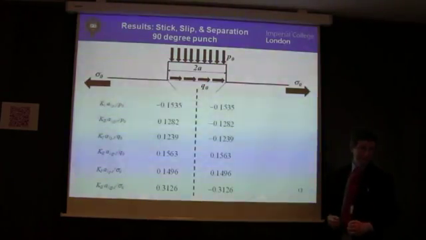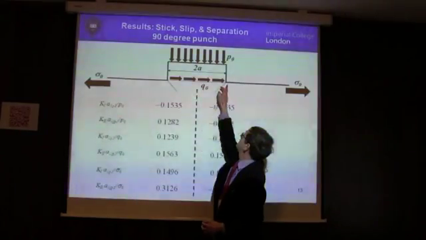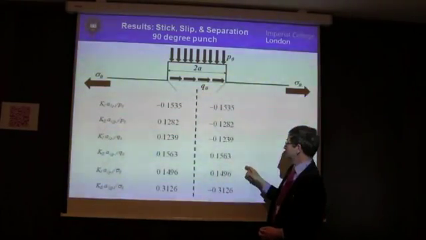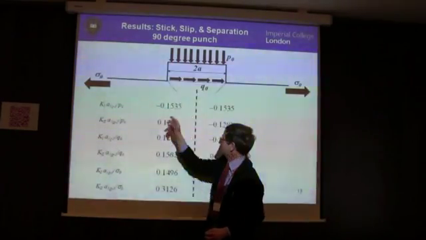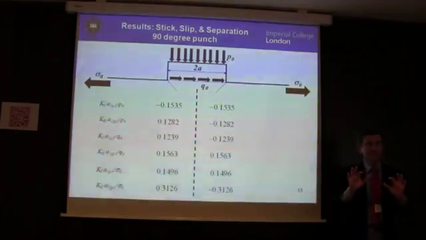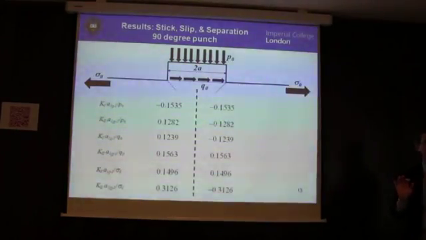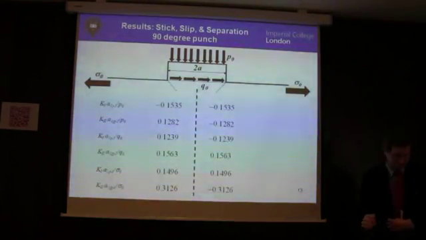And again, you intuitively probably expect that. When you shear it, this corner tends to be closed up, that's that number there, whereas this one is opened up, that's that number there. So all I really want you to get from this slide is that there are signs attached to these stress intensities, and we've got to be very, very careful about them.